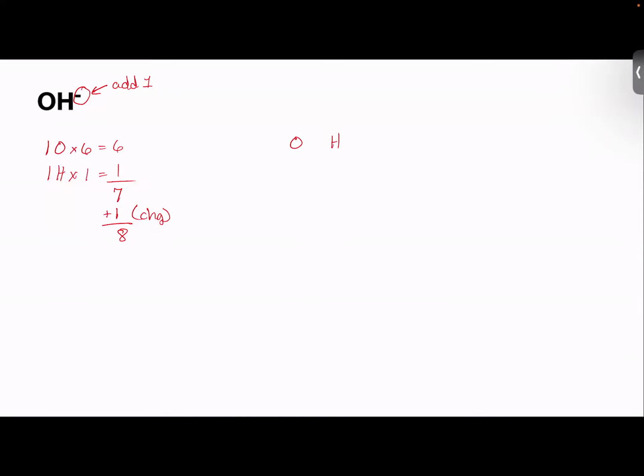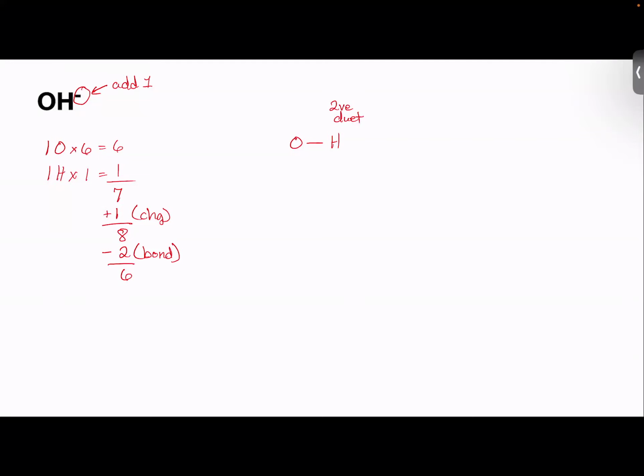The next step is to create a single bond between your external atom and your central atom. So in doing so, we've used up 2 electrons in our bond. That leaves us 6 valence electrons still to distribute. Our hydrogen currently has its octet because it has its duet, which is 2 valence electrons.